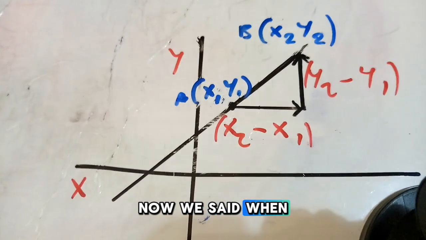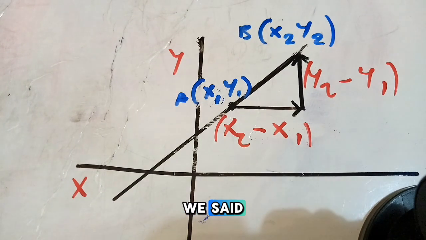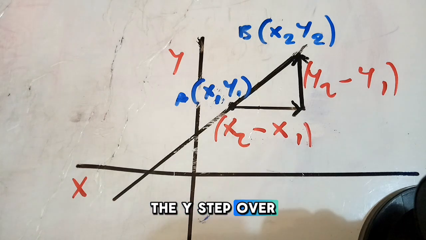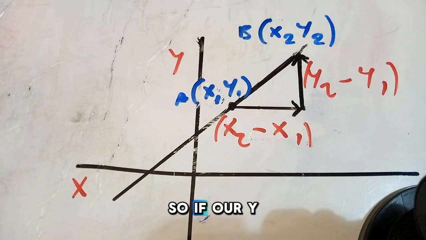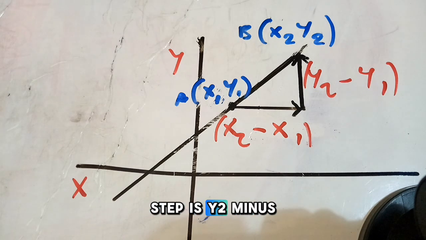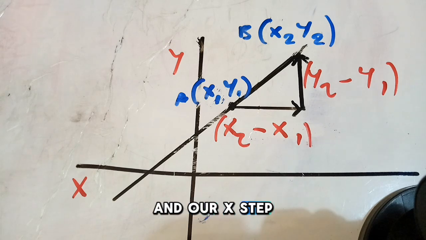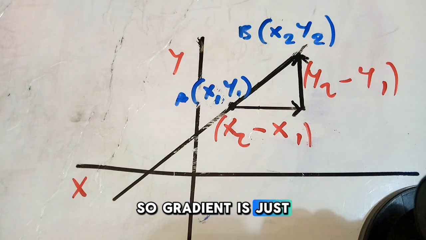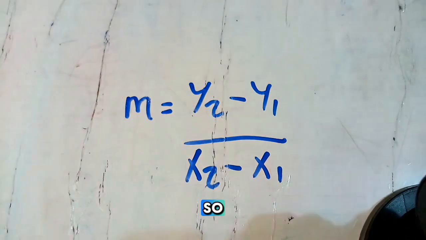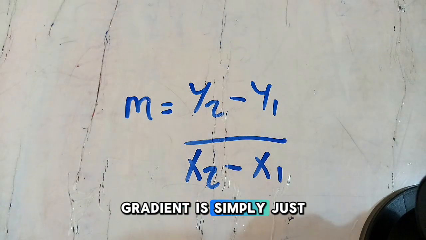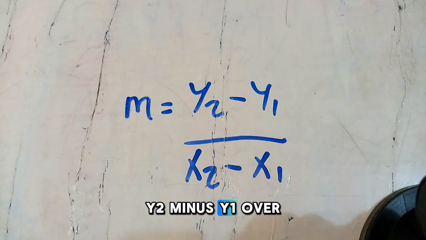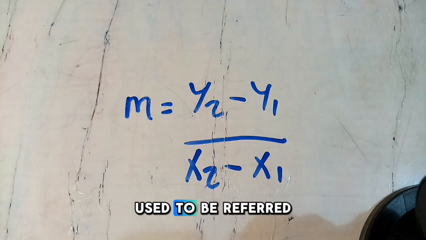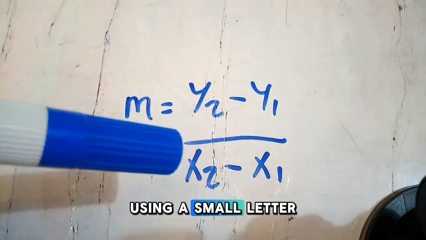Now, we said the gradient is simply the y-step over the x-step. So if our y-step is y2 minus y1 and our x-step is x2 minus x1, then the gradient is simply y2 minus y1 over x2 minus x1. The gradient is referred to using a small letter m.